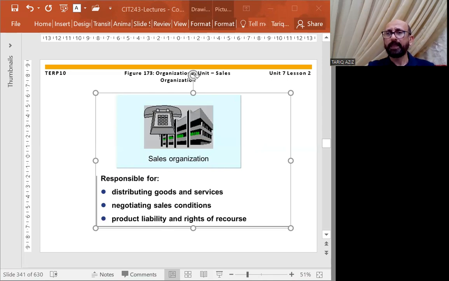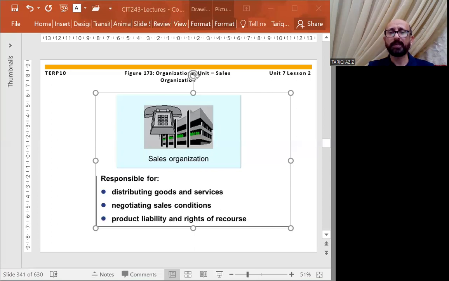And by the way, the sales organization is the highest level in sales and distribution. If you want some kind of reporting structure, you want to draw some reports, you can go up to the sales organization level.